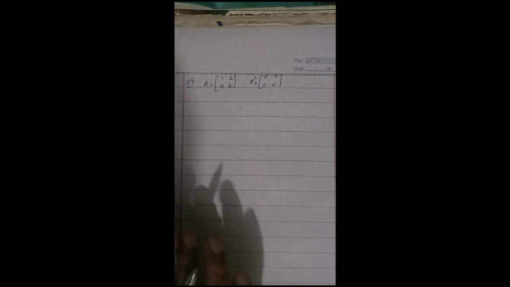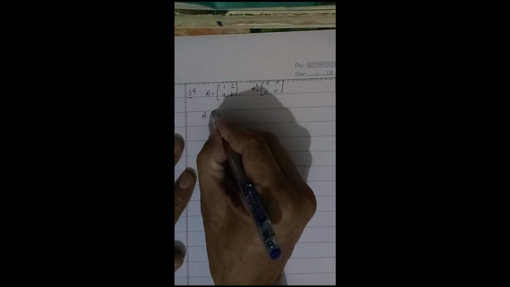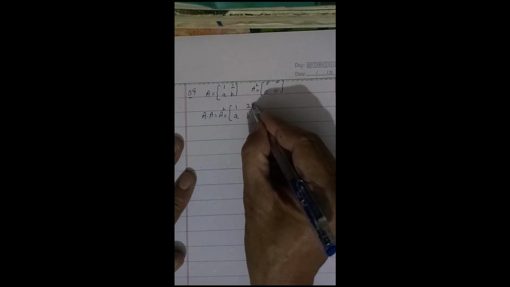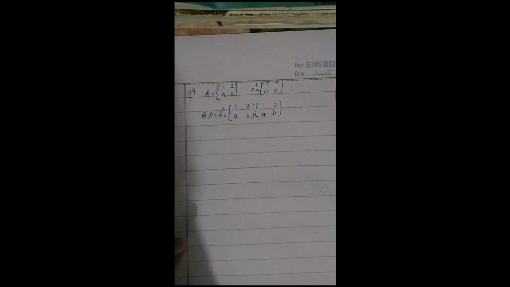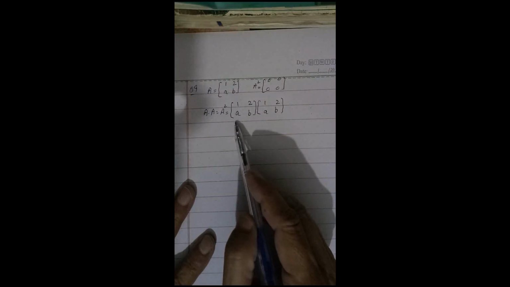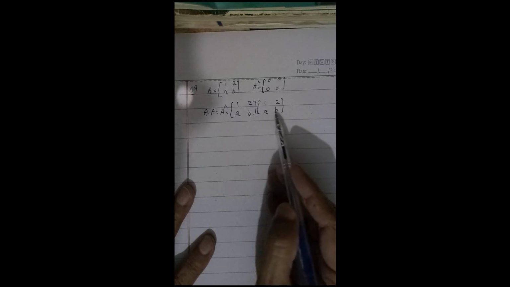We know that A into A is equal to A square, and A is [1, 2; a, b], and the second A is also [1, 2; a, b]. These two matrices can be multiplied because the rule is that the number of columns of the first matrix equals the number of rows of the second matrix.